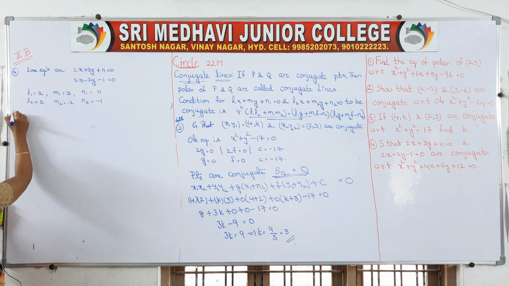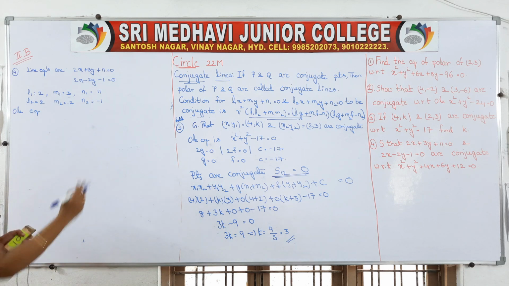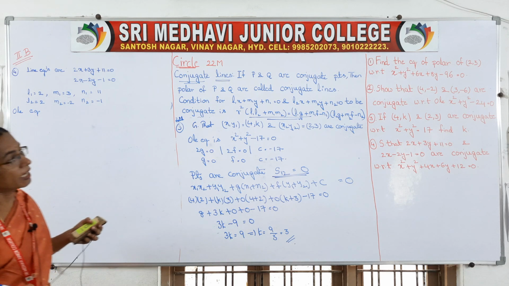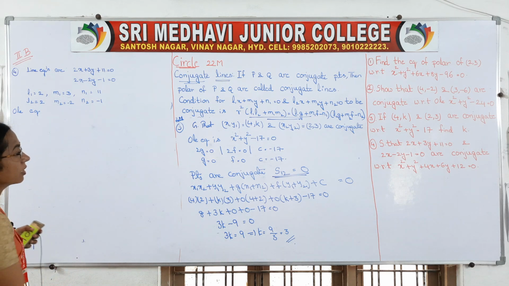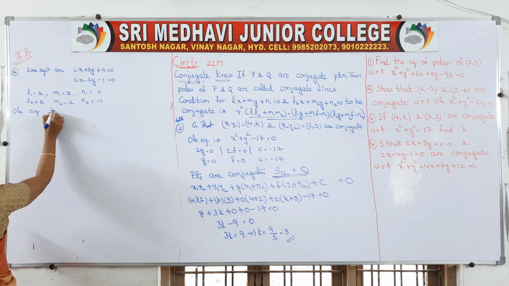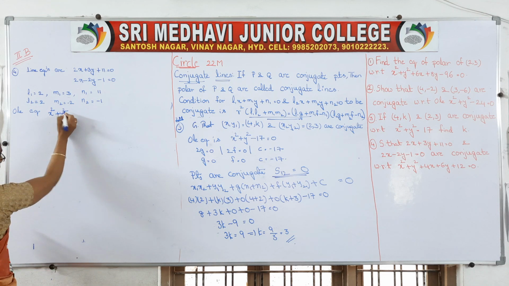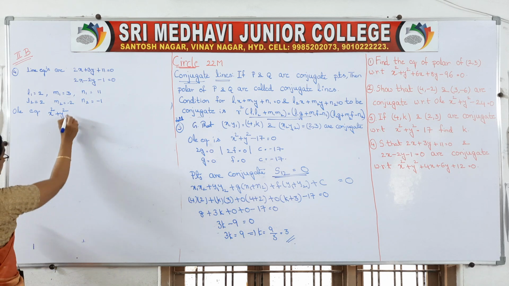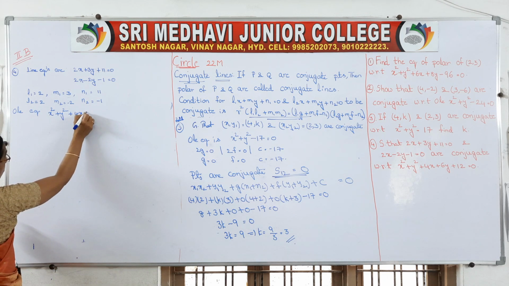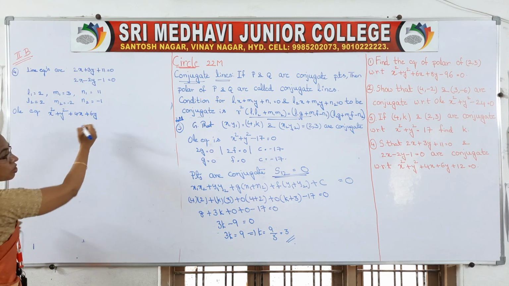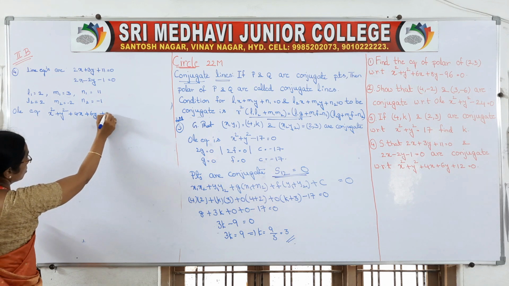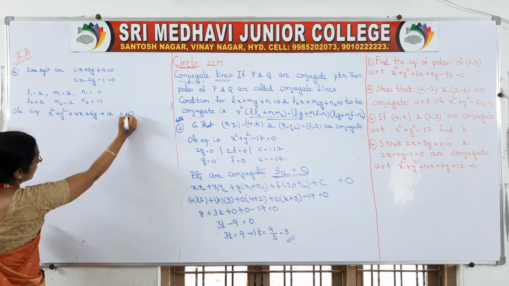And what is the circle equation given to you? Take the equation correctly, then only we will prove these lines are conjugate lines. x square plus y square plus 4x plus 6y plus 12 is equal to 0. Copy the question from the textbook or from the board clearly.